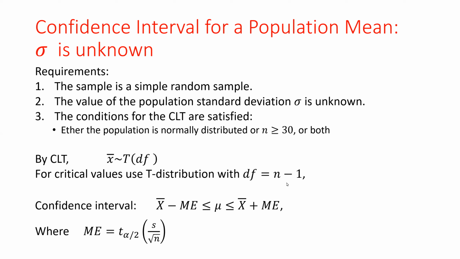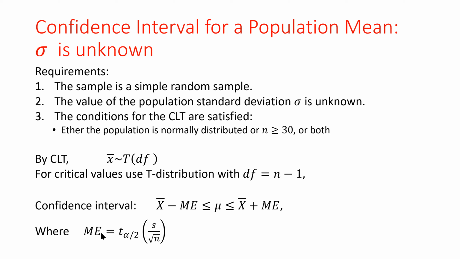Okay, so for critical values, we're going to use a t-distribution, not a z-distribution, with n minus 1 degrees of freedom. Now, this is the formula for finding our confidence interval, where x bar is our point estimate, that's our sample mean, and ME is the margin of error.